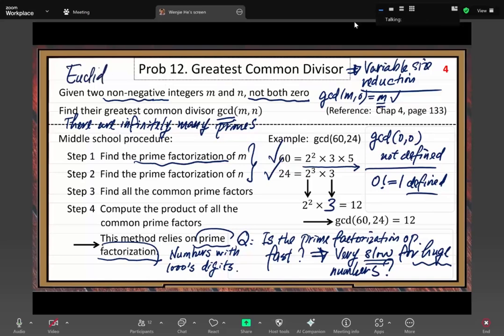Euclid, in his famous book in several volumes, wrote the proof of this result. It's a very simple proof: there are infinitely many primes. Although people know there are infinitely many primes, which prime is the largest known prime?